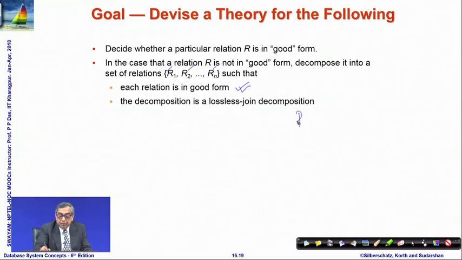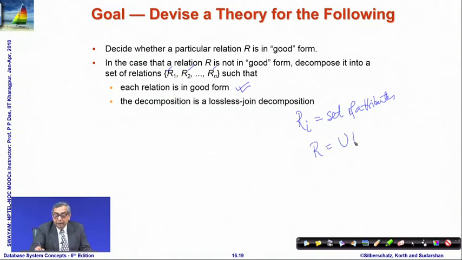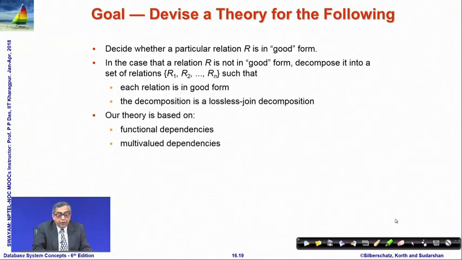Each R i is a set of attributes, because a relational schema is a set of attributes. And naturally R will be the union of all of these R i, the total set of attributes. So, instead of keeping all the information in one relation in one table, we are decomposing it into n different schemas.